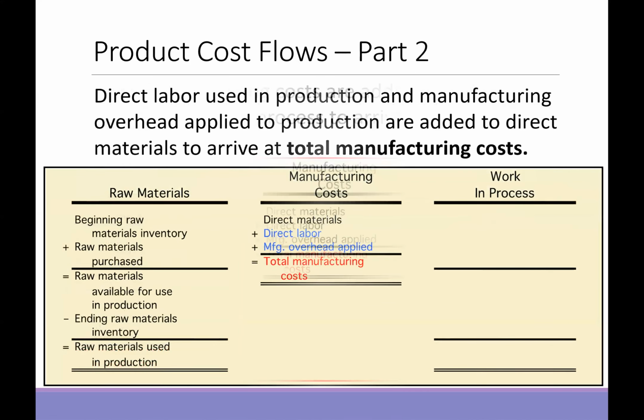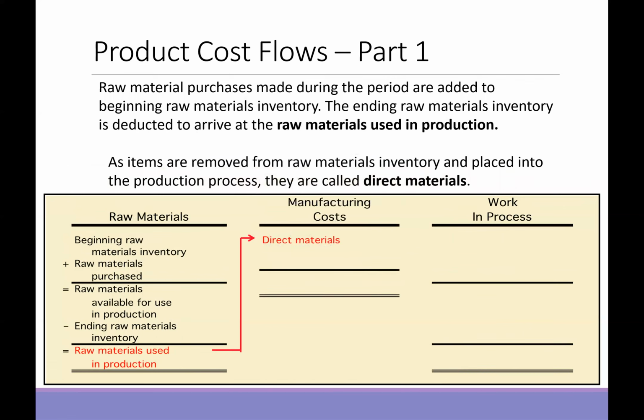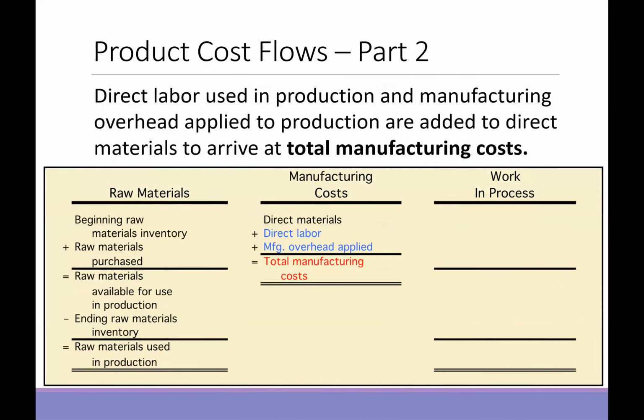That amount, the raw materials used into production, gets transferred over into manufacturing costs. Direct labor that's used in production and manufacturing overhead get added to direct materials to arrive at total manufacturing costs.